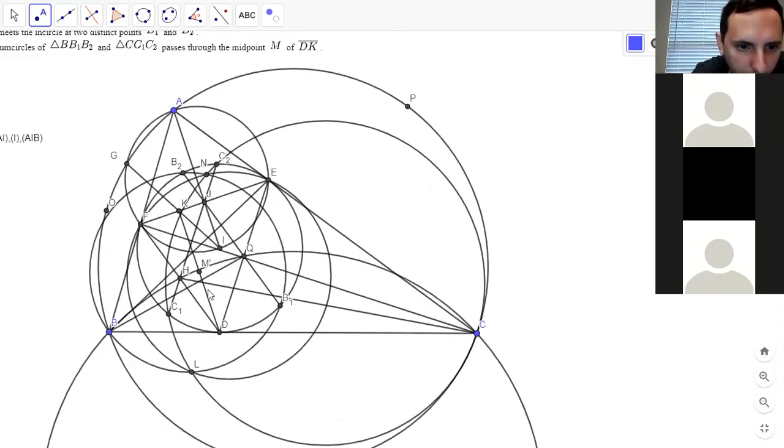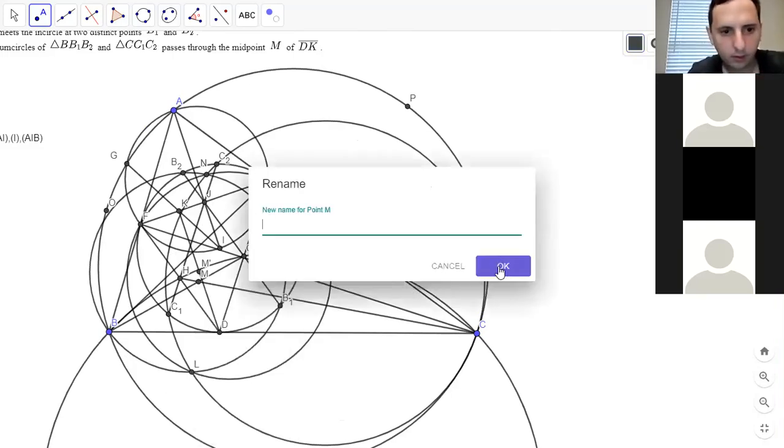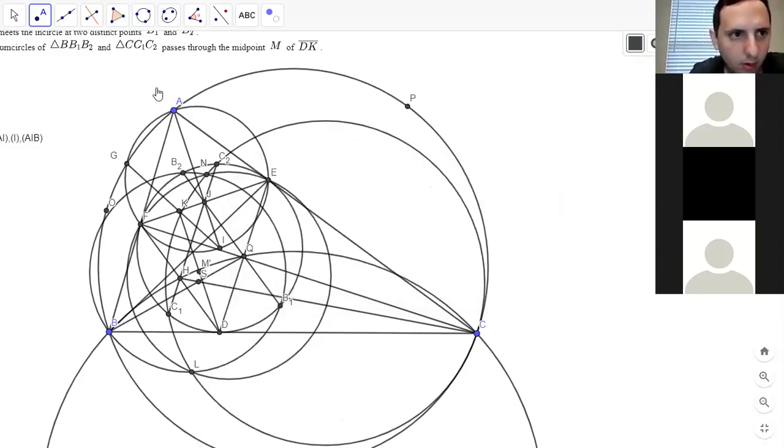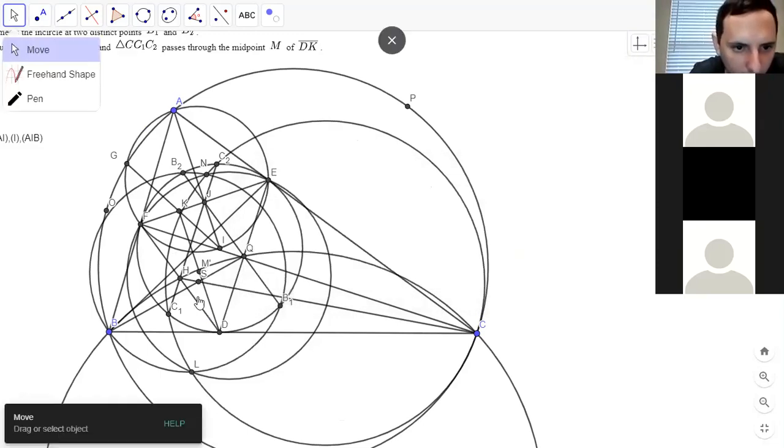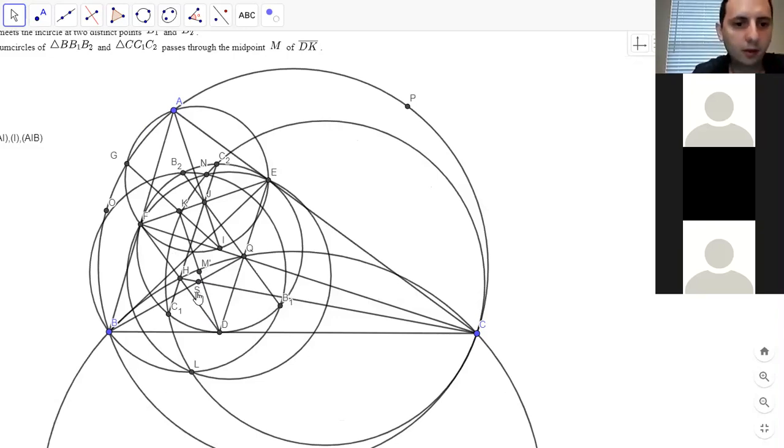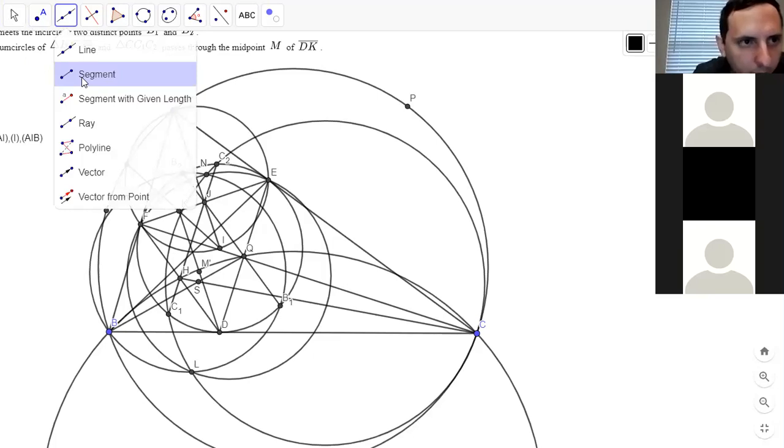Okay, so CH intersect BQ, let me call it S. So that point will lie on the radical axis as well. Because if you call CH cut the circles C1, C2 at a point, let me draw it.